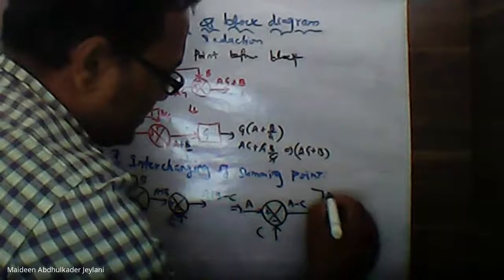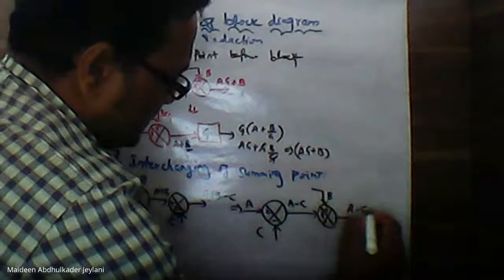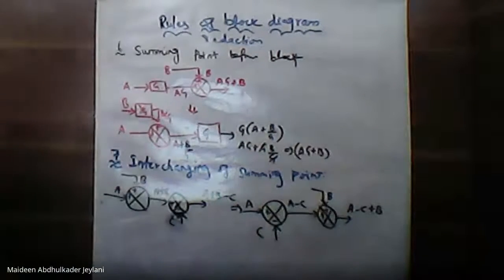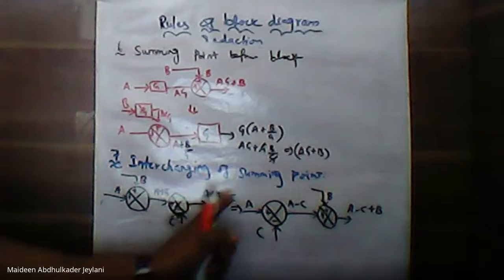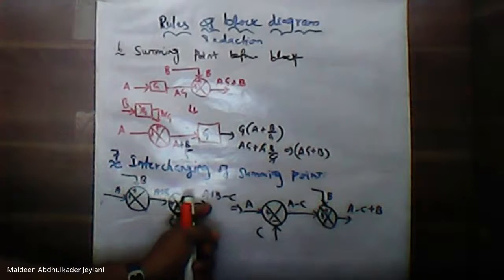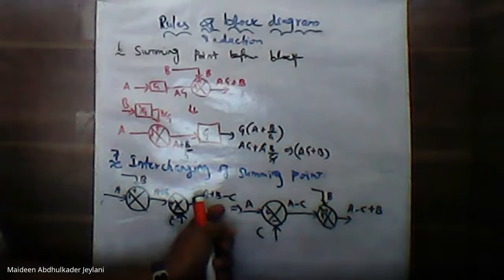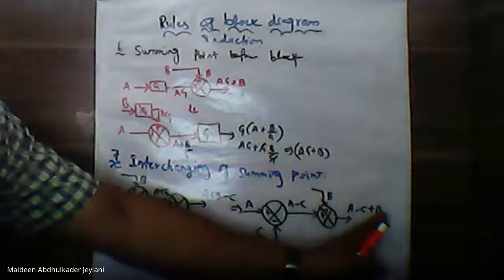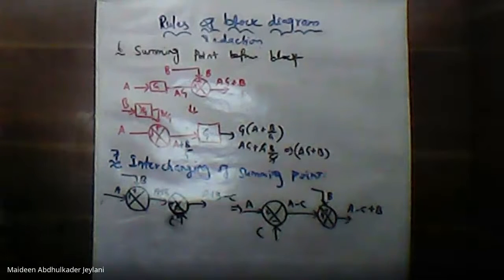A minus C plus B. The same equation. Here it is A plus B minus C, and here also A plus B minus C. This is interchanging of summing points. And rule number 8.